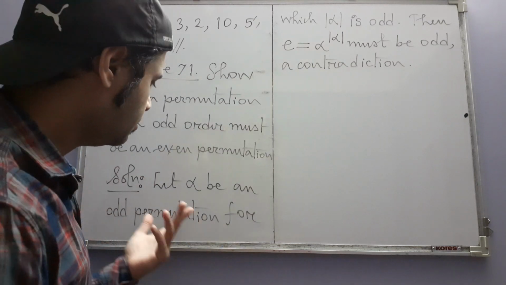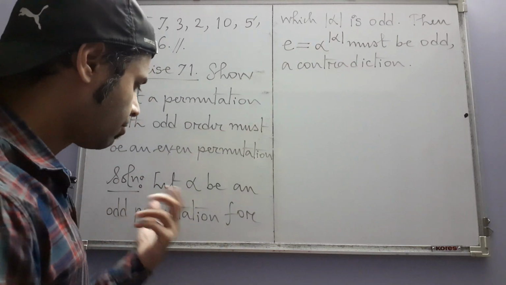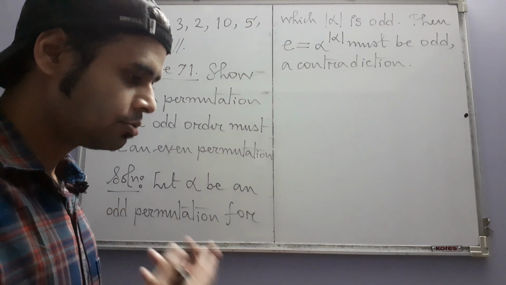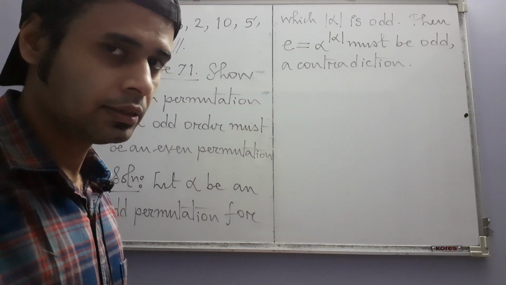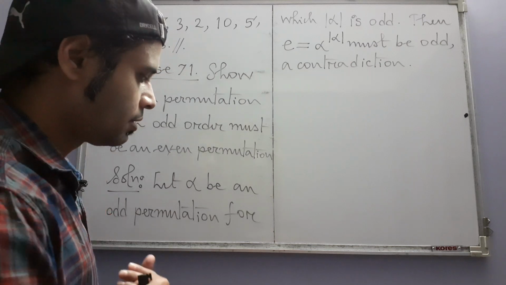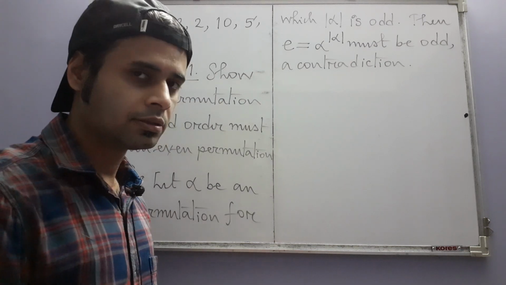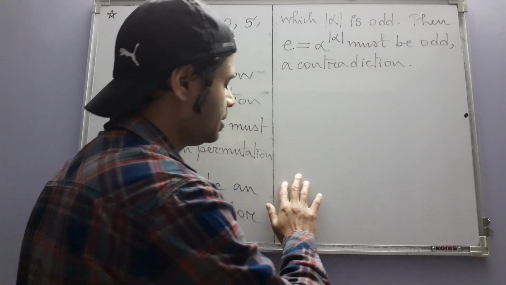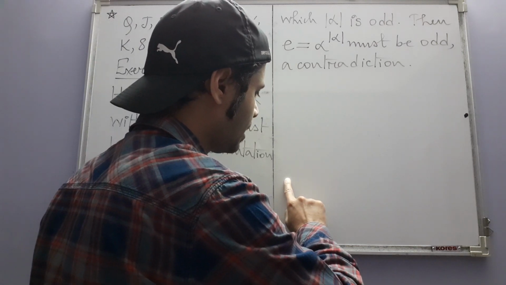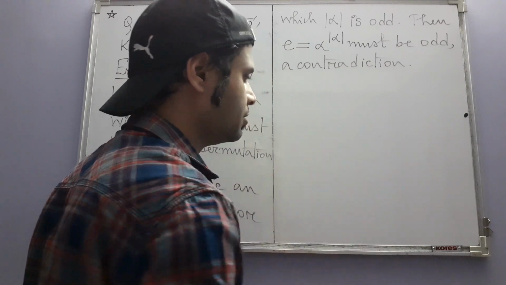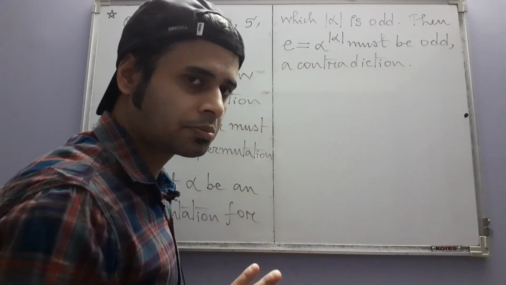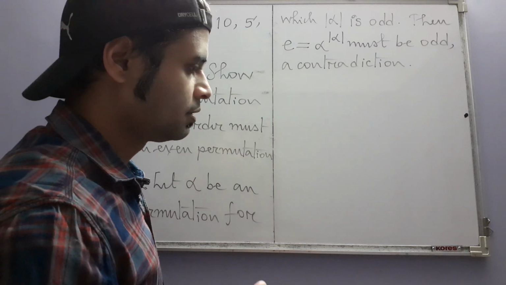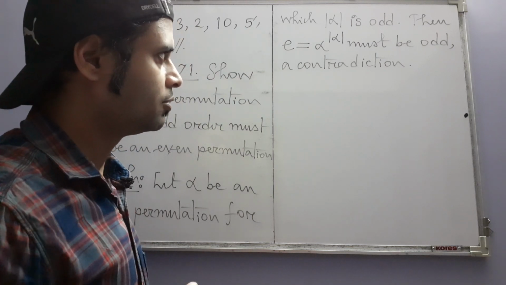That's because alpha is an odd permutation, and we already know that when we multiply two odd permutations we get an even permutation. And a general version of this statement is that when we take an even number of copies of an odd permutation and take the product of those copies, then we get an even permutation.